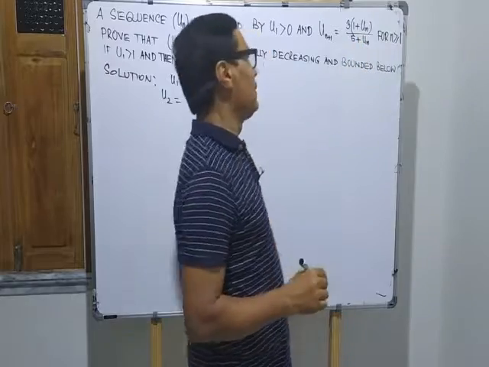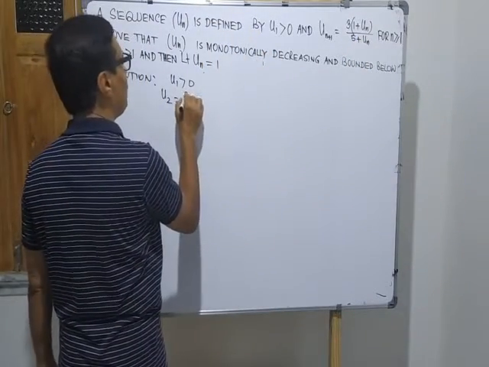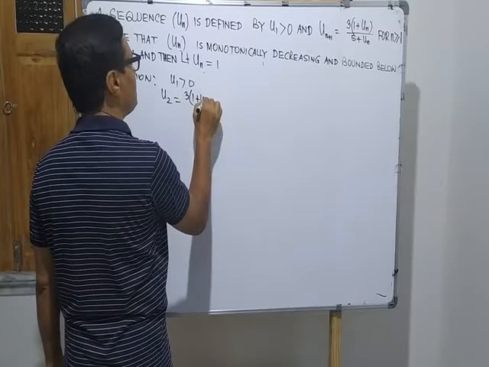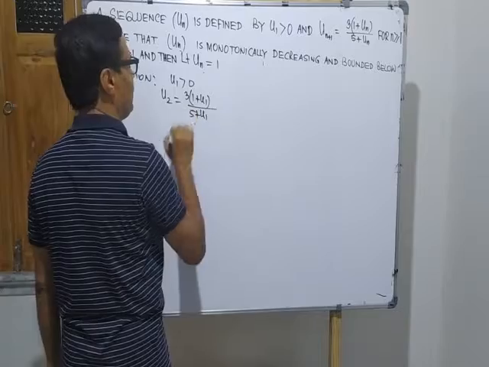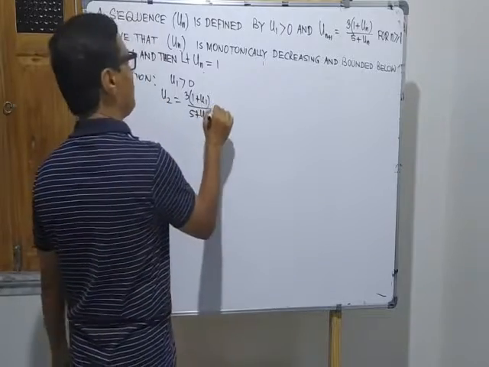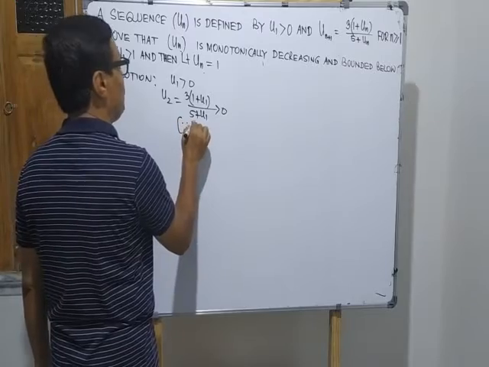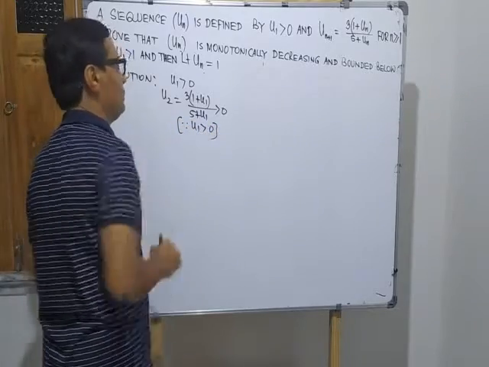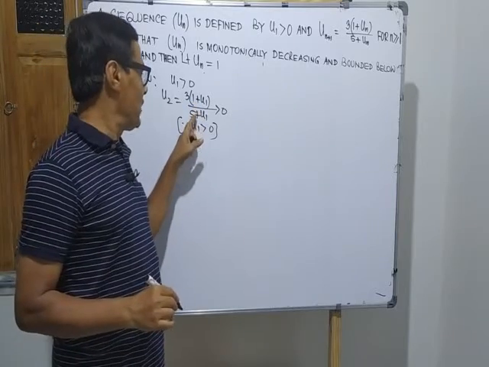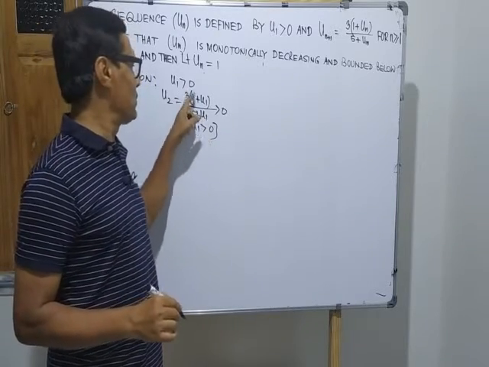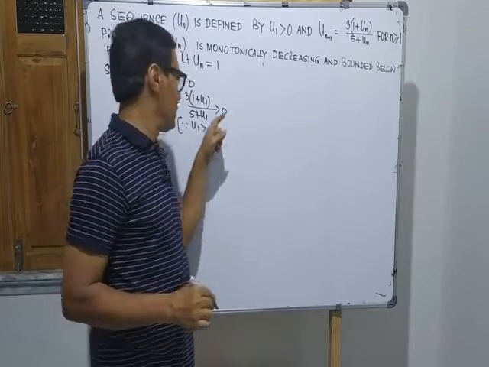We get u2 equal to 3 into (1 plus u1) over (5 plus u1). This is also greater than 0 because u1 greater than 0, so 1 plus u1 is positive, 5 plus u1 is positive, 3 is positive, so this term will be positive.